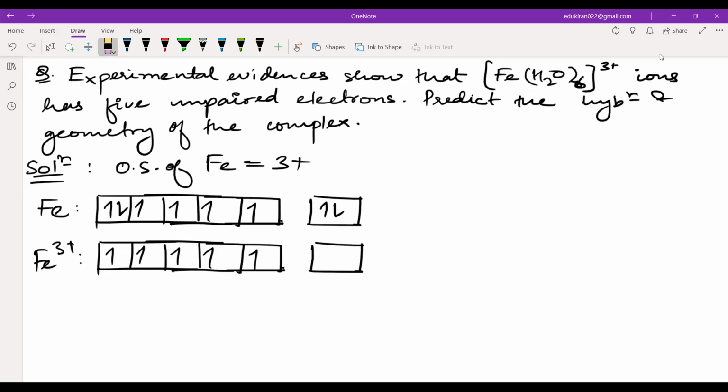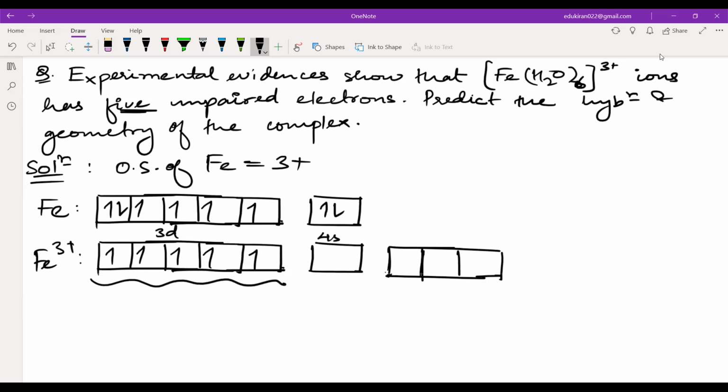This electron and this electron are gone. This is 3d. This is 4s. Then obviously we need more orbitals, because there are 6 H2O ligands. And obviously we cannot pair them because it has said that it needs 5 unpaired electrons. It is experimentally determined that there are 5 unpaired electrons. So this is 4p, and 2 of the d orbitals will be used, and this is 4d.